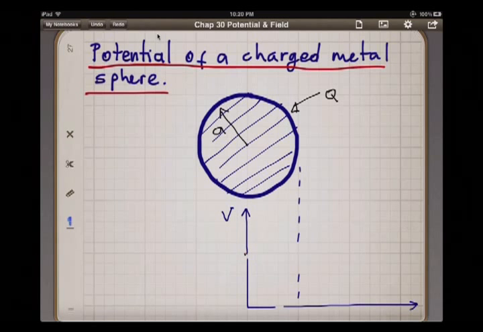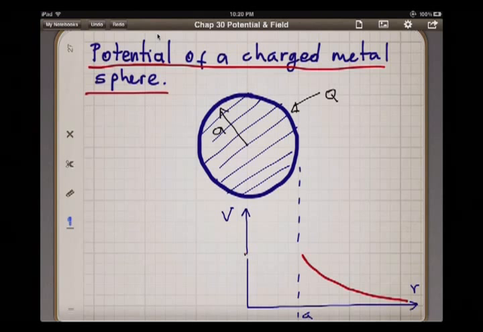So if you were to draw a plot of the potential versus position, or potential versus distance from the center of the sphere, then if r is bigger than the radius of the sphere, that is a, in that region where r is bigger than a, the potential as a function of r decays as 1 over r.